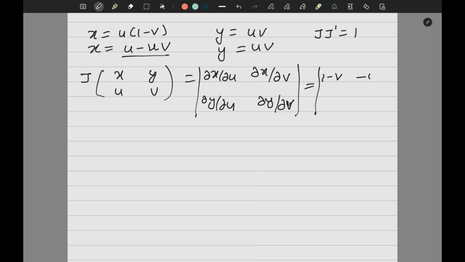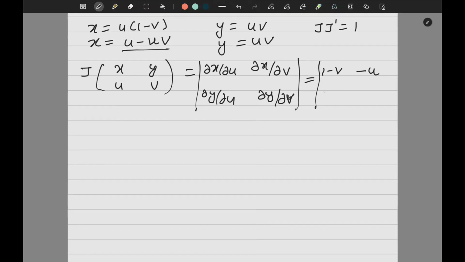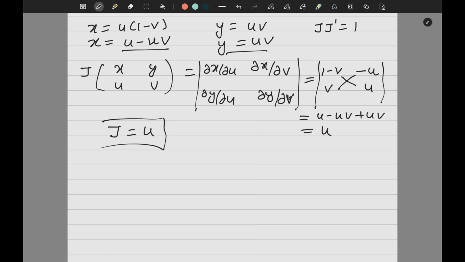It is minus u. What is dou y by dou u? v. What is dou y by dou v? It is u. Now if you solve this, this into this minus this into this, so u minus uv plus uv. So it is u. So I got that J is equal to u.